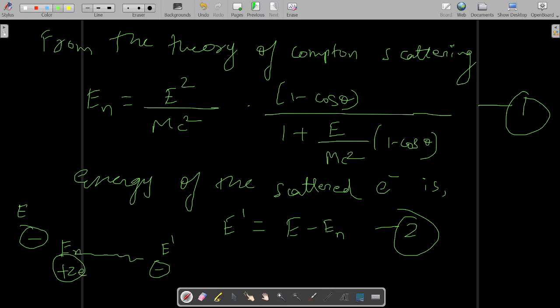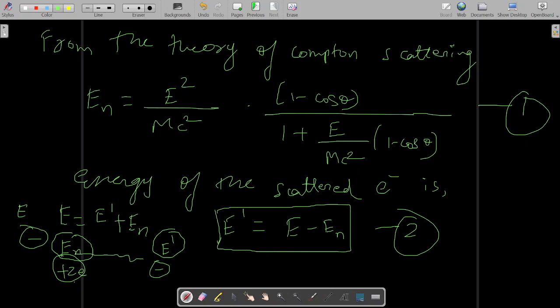So your initial total energy E will be equal to the scattered energy E dash plus En, the recoil energy of the nucleus. So E dash will be E minus En. Okay, so this is your equation number 2.